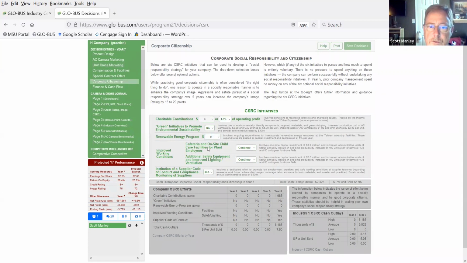So I'm not going to worry too much about not really slamming that image rating. I don't want to spend a lot of money to get my image rating way above where it's supposed to be, particularly right now, because if you read your participants guide, the image rating is most important in the last 3 years of the simulation.